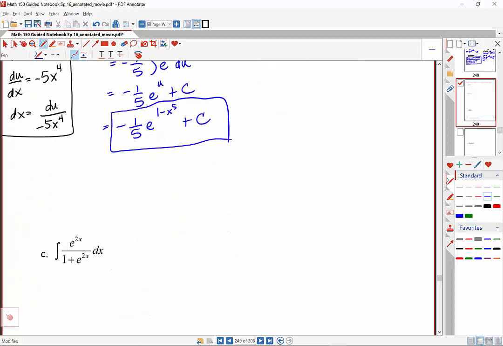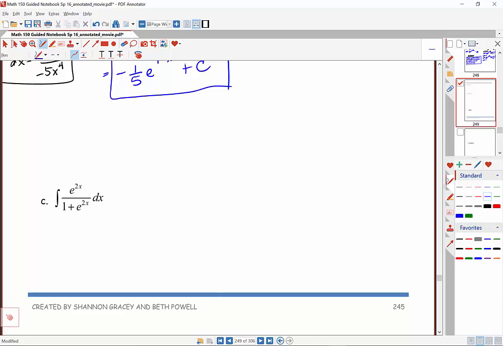Okay, so next up we've got this one, and here there's a couple ways one could go about this. Remember, you do have the ability to use long division here. But I think it might look more complicated that way. We'll just do this as a u sub.